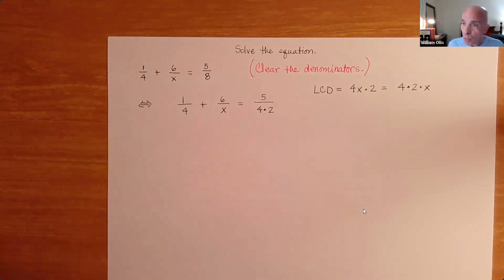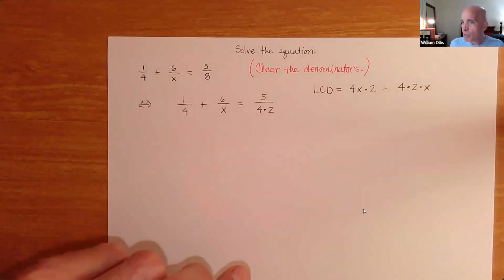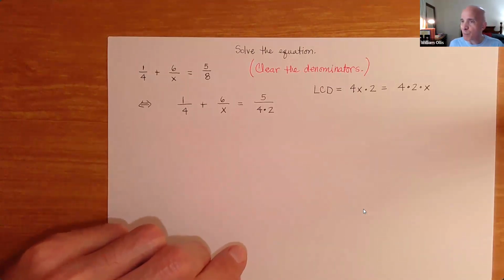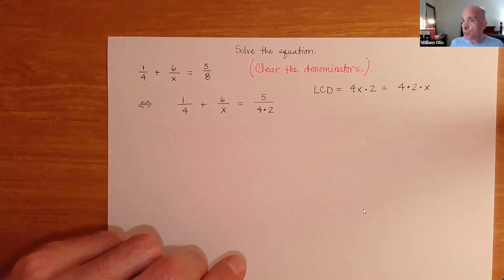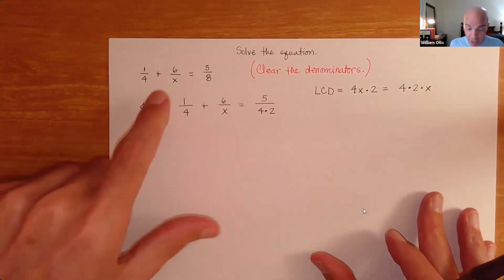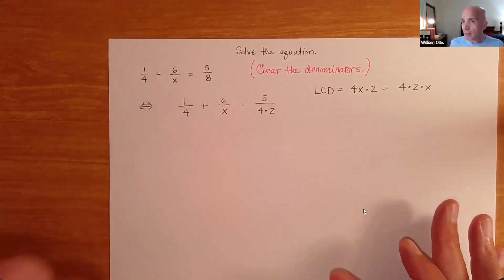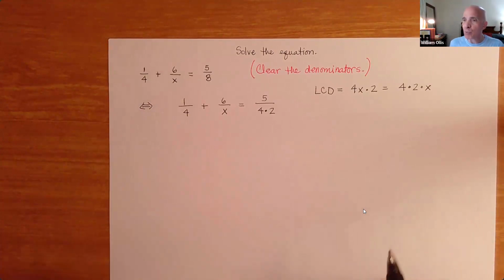Now, what's important at this stage of the problem is, like I was saying before, remember in the previous problem, we had denominators of 2 and 3. Here we have a variable in the denominator. That is, we have an x. Now, clearly, we know that if x were to assume the value of 0, then the equation would not be well defined. We'd say the equation is undefined because division by 0 is not something we understand.